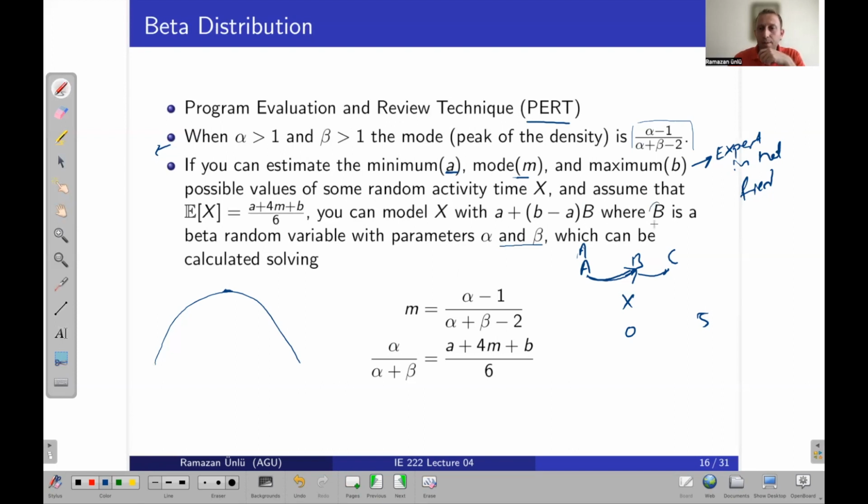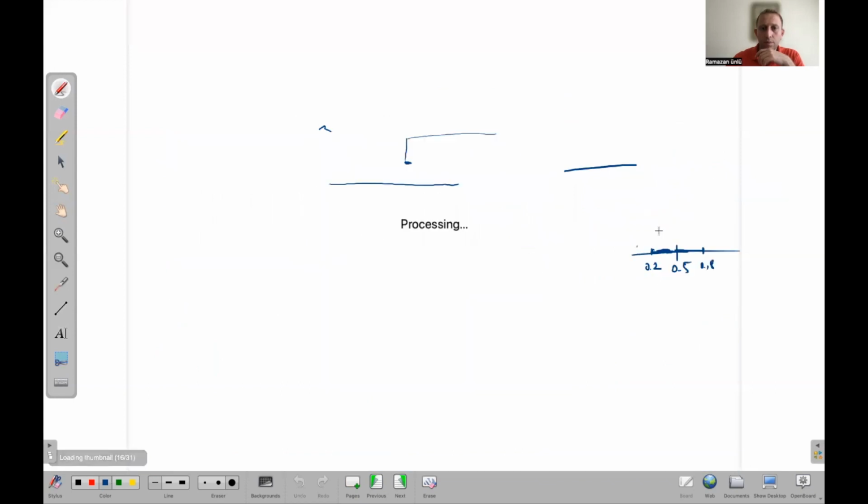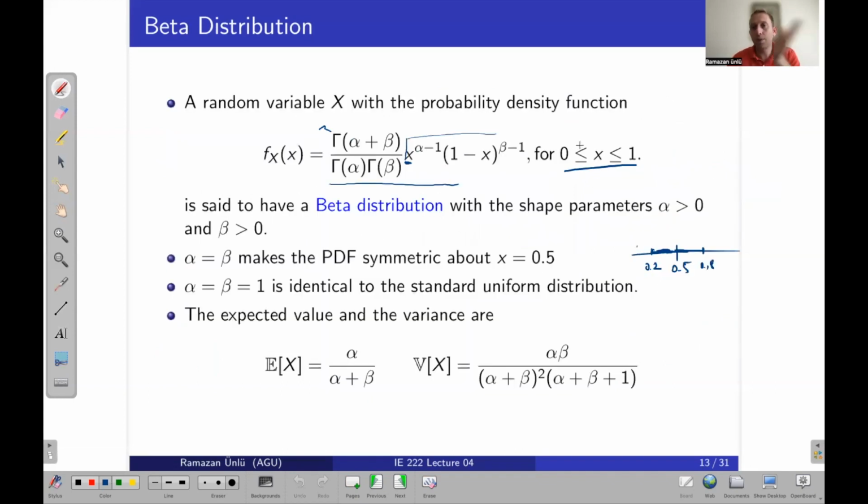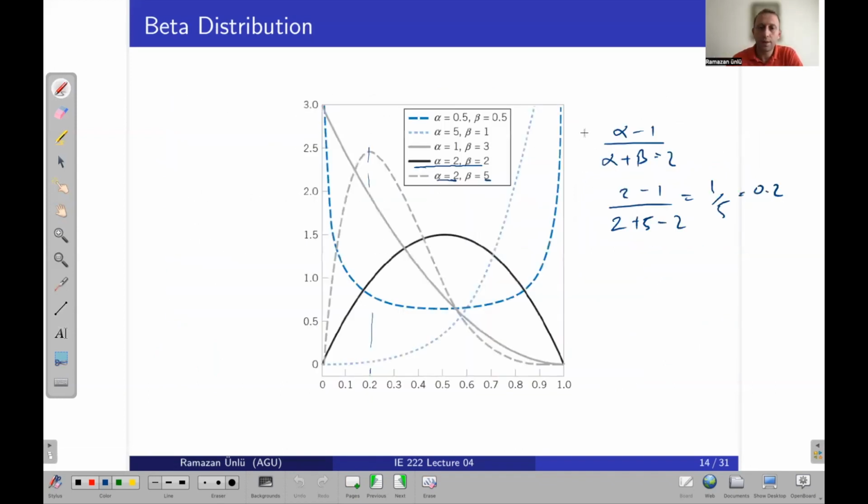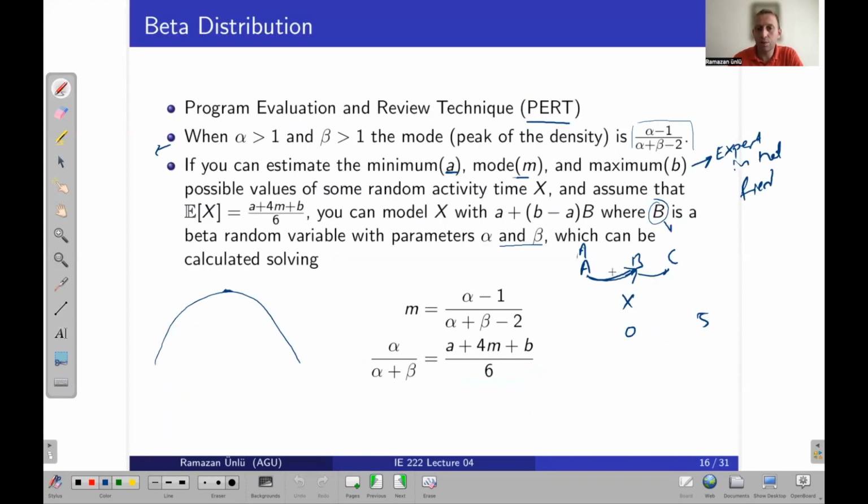So remember that B is the distribution. In this one, X will range between 0 and 1, but in our special random variable, the range will change. That will not be between 0 and 1. That's why we are generalizing that beta distribution to another one.